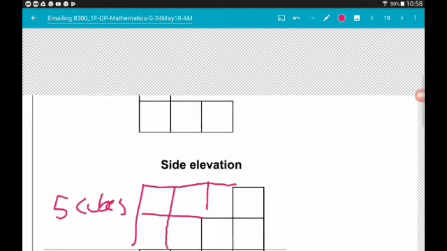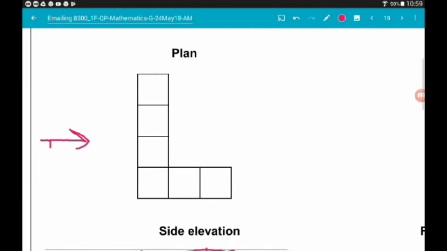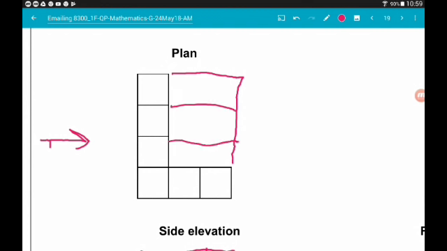Okay, now from the plan view we can see that from above we've got this rectangle that at the moment has nothing in it.